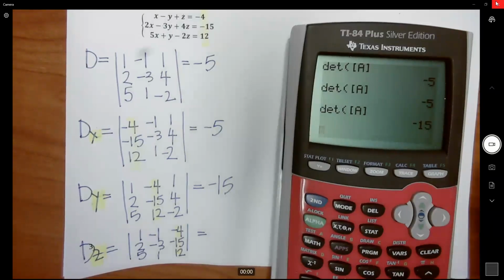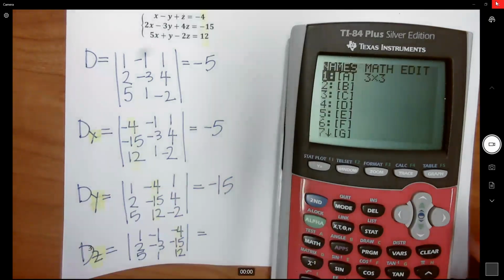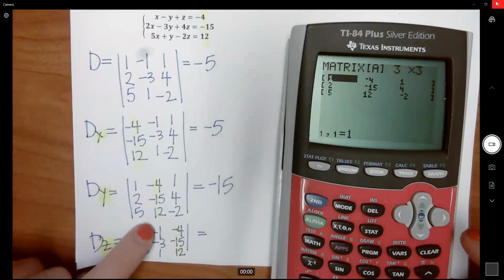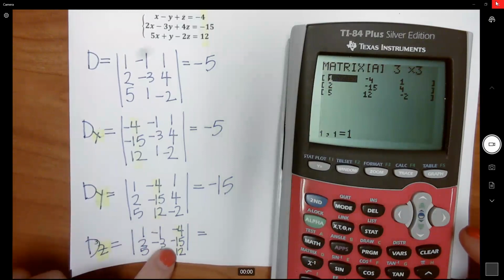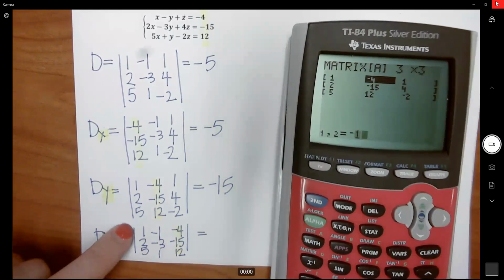And let's do it one more time to get D sub Z. So second matrix, over here to edit. My first column's good, but I need to change my middle column back and change my third column. So the 1 is good. We're going to go to -1 here.